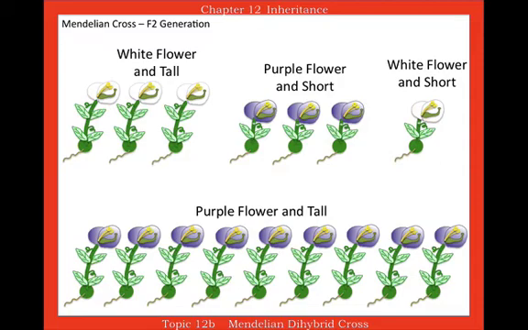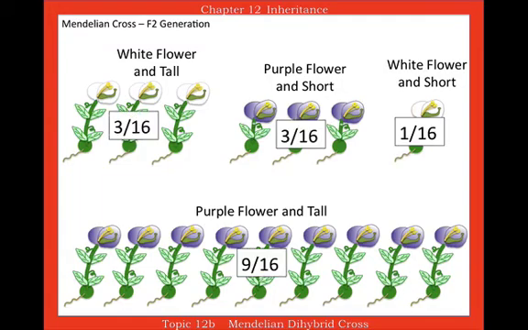When all the progeny are counted, we would notice that 9/16 would be parental dominant, 1/16 parental recessive, 3/16 non-parental that are recessive for the flower trait but dominant for the height trait, and the final 3/16 dominant for the flower trait but recessive for the height trait. Overall, this makes a 9:3:3:1 ratio.